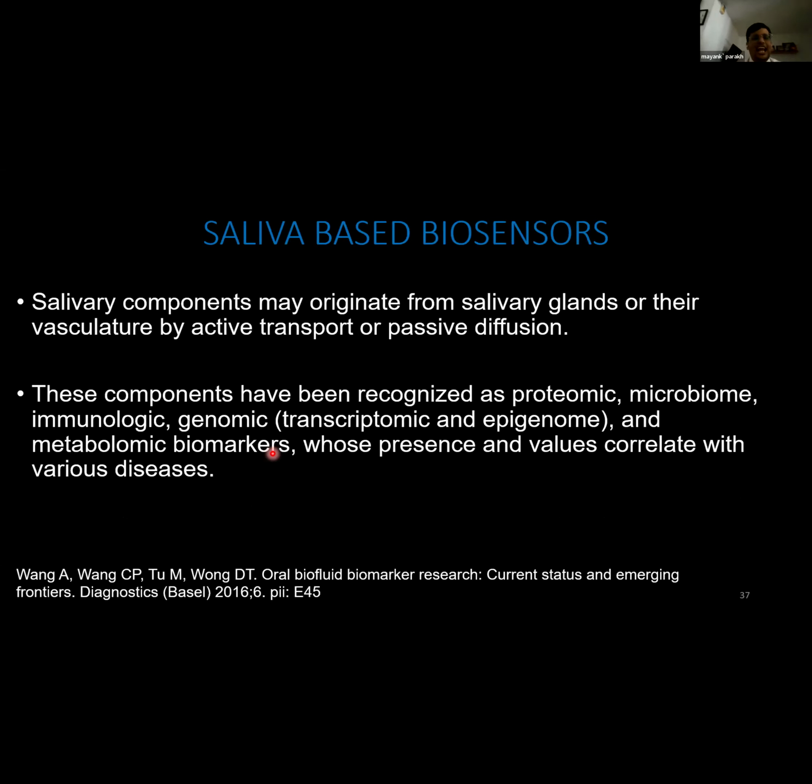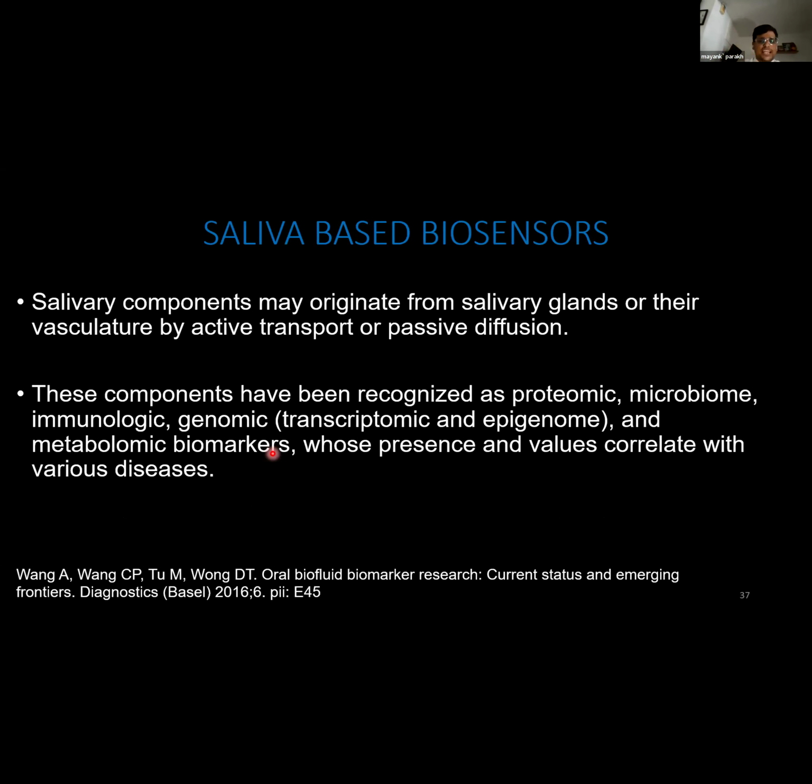So next is the saliva-based biosensors. A lot of salivary components can originate from the salivary glands, basically. So the saliva is produced by the salivary glands, we know that. The saliva can be used to detect tumors of the salivary glands, or used for detecting various body diseases, as in a lot of cases, the mouth is a representation of what is happening in your body.